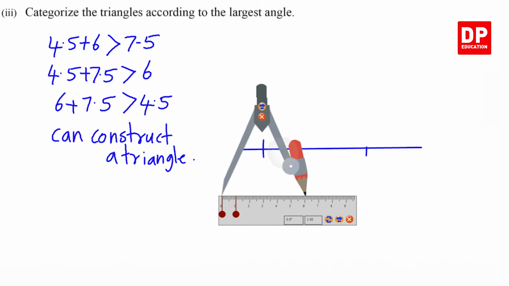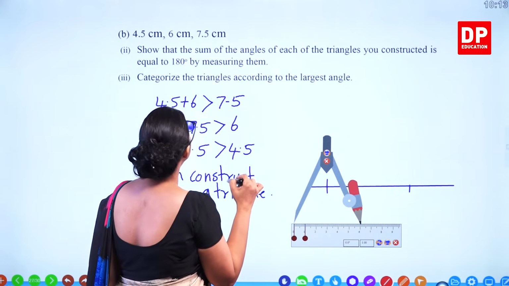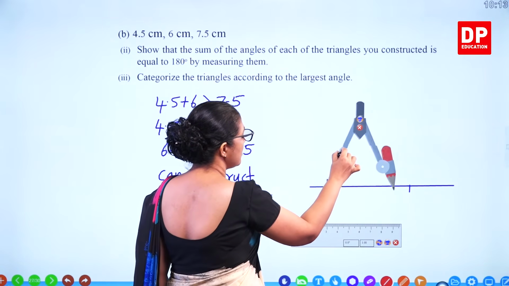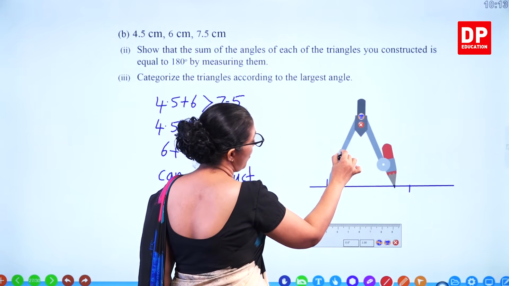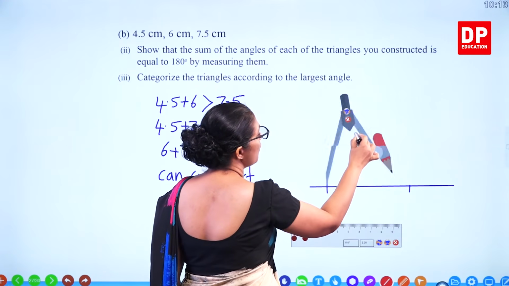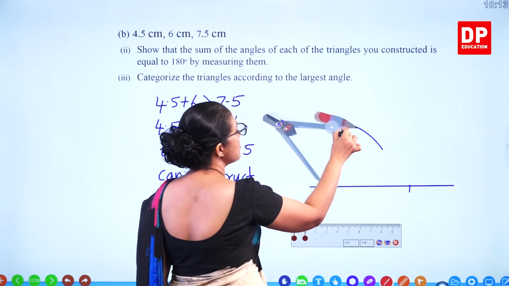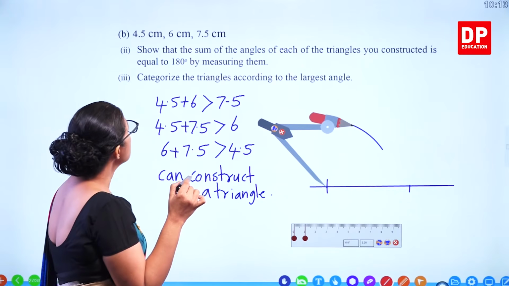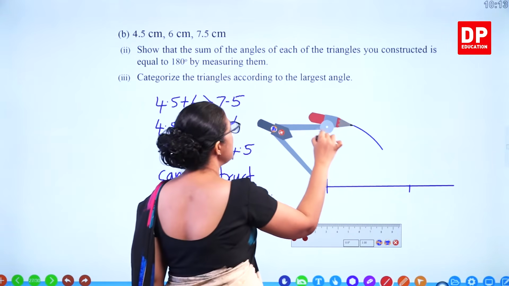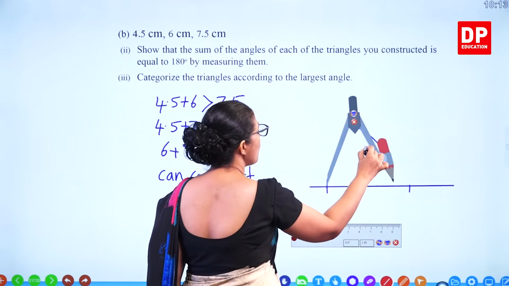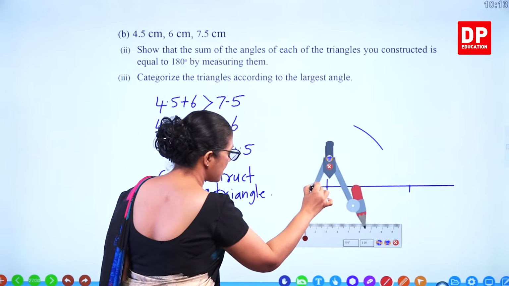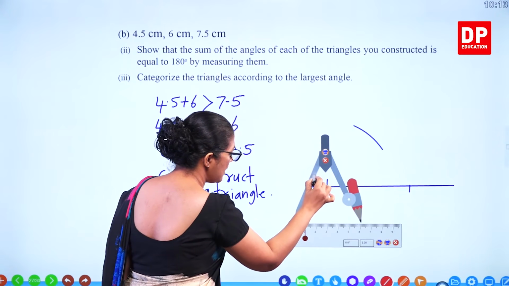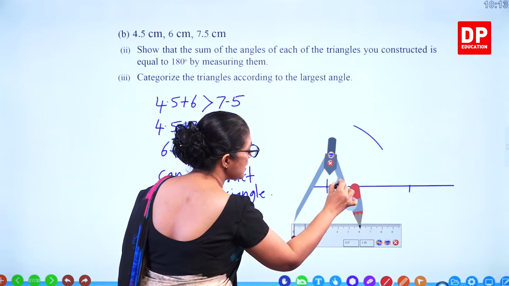With this 6 centimeter length, we can keep the compass on one of the points and draw the arc. And the other side is 4.5 centimeters, so we have to measure it again. 4.5 centimeters.